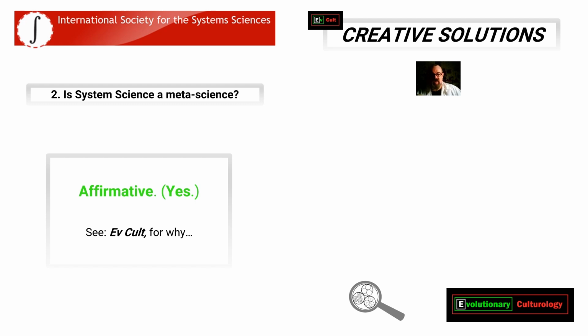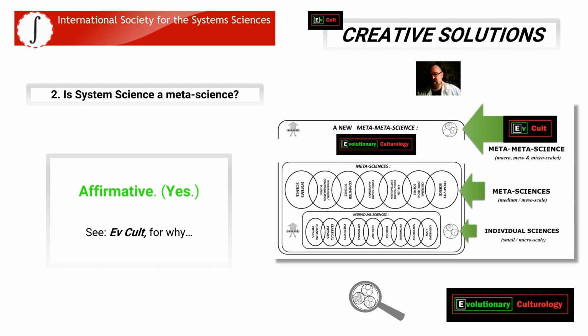Affirmative, yes, see Ev Cult for why. There's those 3 scale levels of science, the individual sciences down the bottom: quantum physics, classical physics, chemistry, astronomy, geology, biology, psychology, sociology, anthropology. They're all the individual sciences.